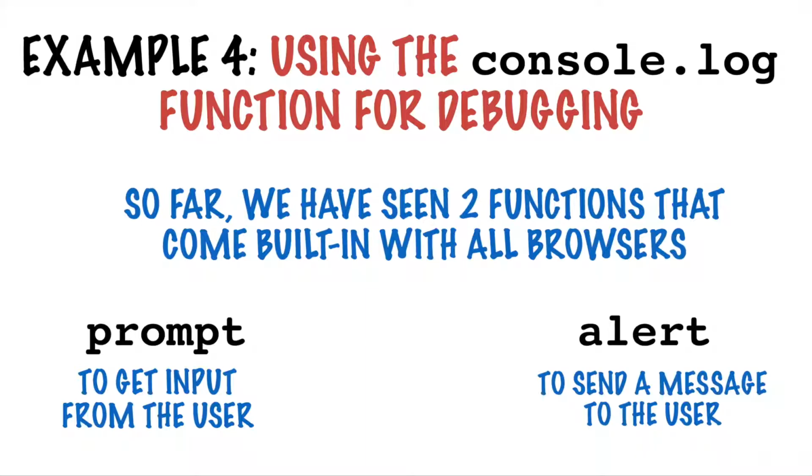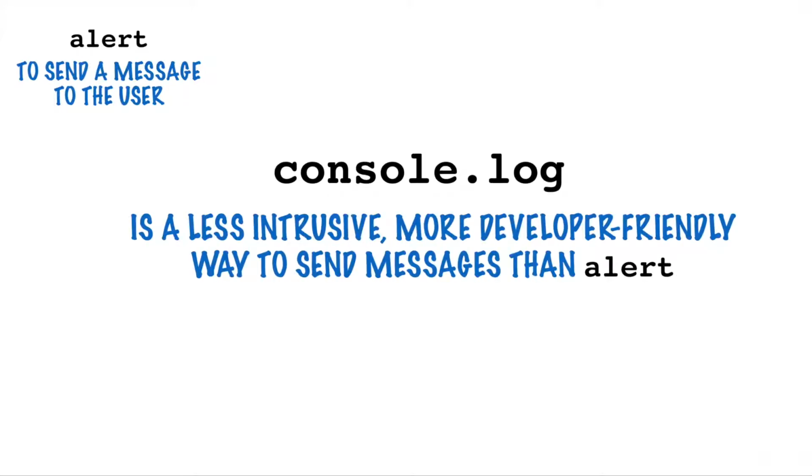What we're going to talk about now, the console.log, is basically a much better way to send a message to a user. So instead of using the alert which pops up in a box, just use console.log. So what is console.log? This is a less intrusive and more developer friendly way to send messages than alert.